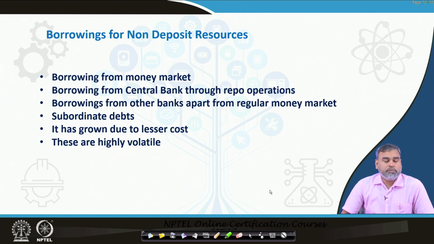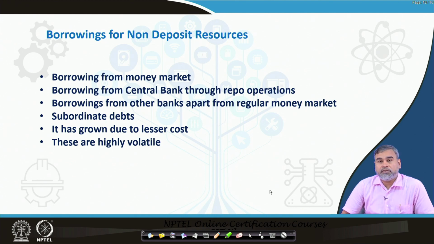Then the other important liability we have is the borrowings. There are many sources from which the commercial banks borrow money. One source is the money market, which is the ultimate source for commercial banks on an overnight basis for short term requirements.